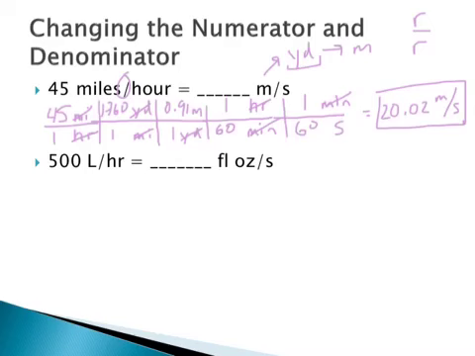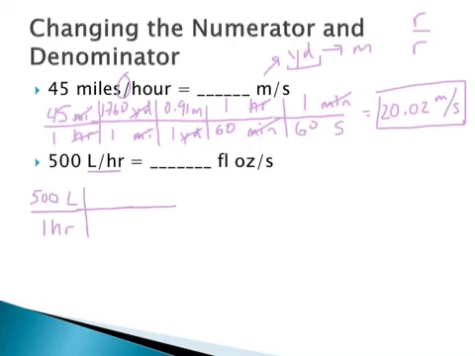So going through the same process, I'm going to start off again with 500 liters per hour. Per hour, again, that's representing divided by 1 hour. So I'm going to go through the same process. Starting with liters, I want to go to fluid ounces. Well, what is a liter?